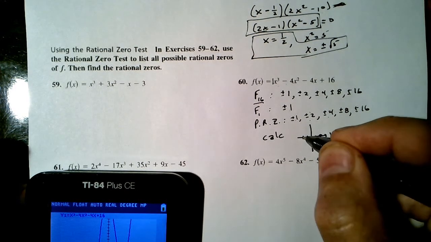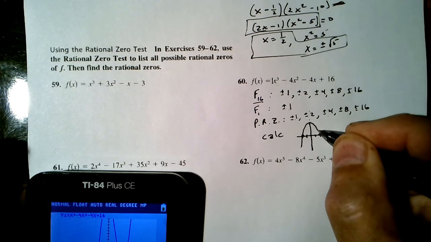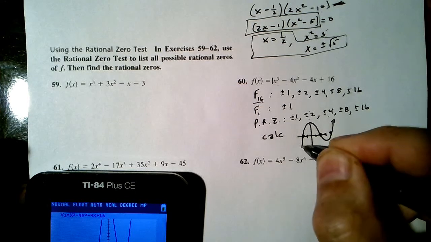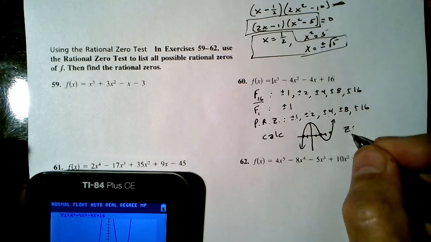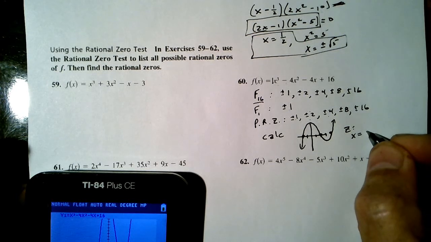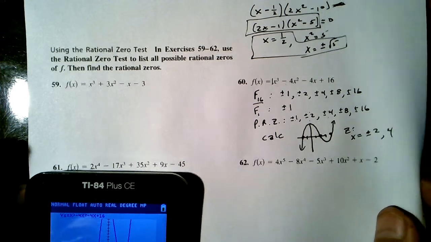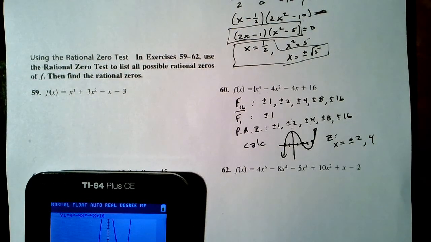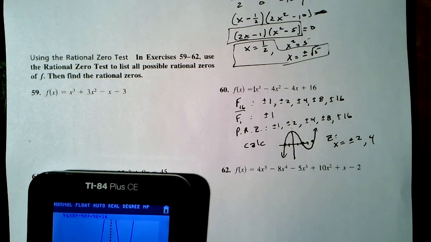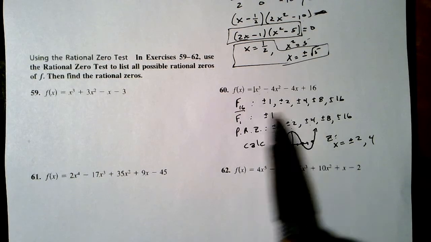We got a 0, we got a 0, and we got a 0, and it looks something like that. The zeros are x equals negative 2, positive 2, and 4. And you note that those were in our list up here. You don't have to go through the trial and error. I will never have you go through the trial and error method. But normally we would be using synthetic division to do that.